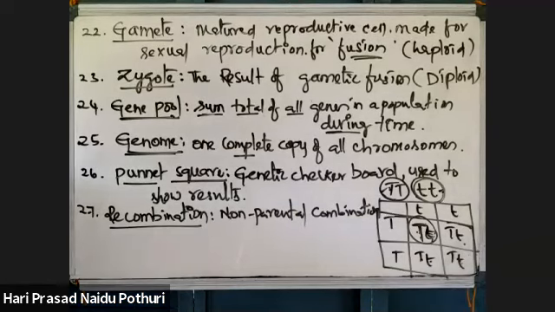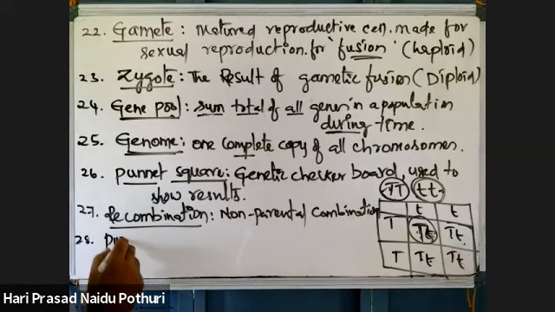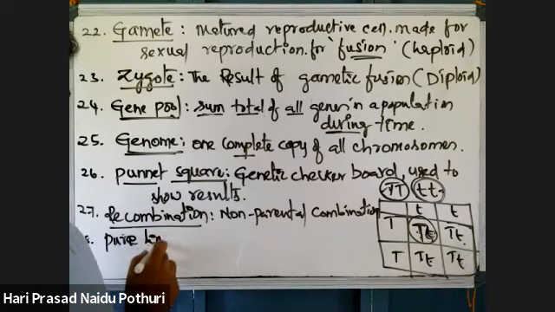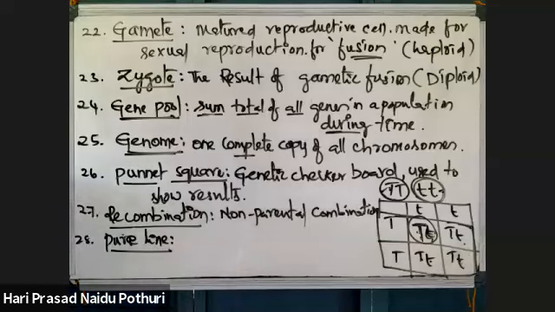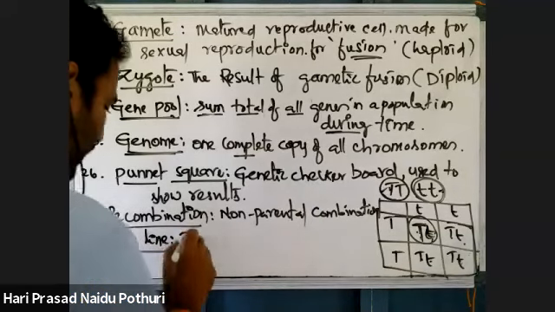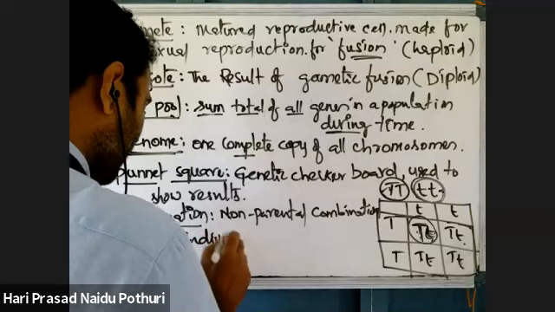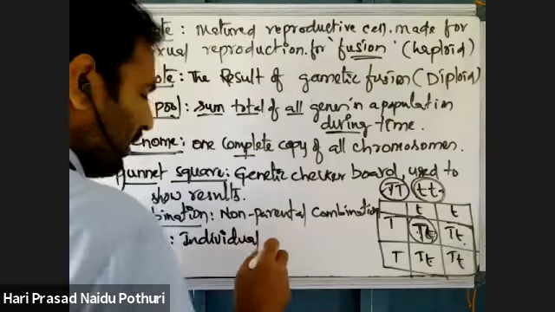Okay. Then pure line. Next heading, next definition. This pure line is very important because crossing always takes place between pure line varieties. A trait means a variety, I told you.